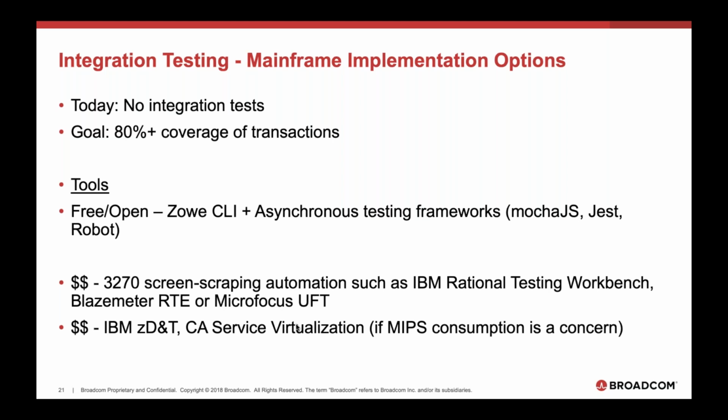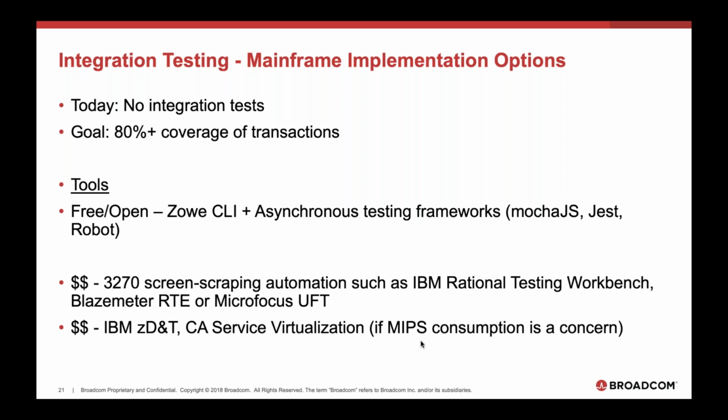It does require a small component to run on z/OS, but if MIPS consumption is a concern when running these tests, virtualizing your access to z/OS using some of these products is a good option, because we do understand that running a lot of automated tests on Z hardware today can become expensive.